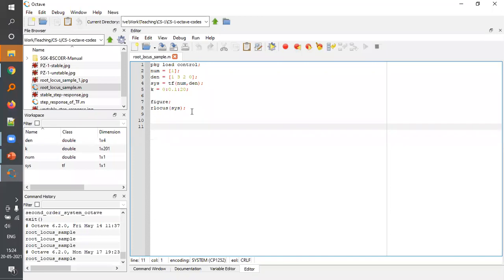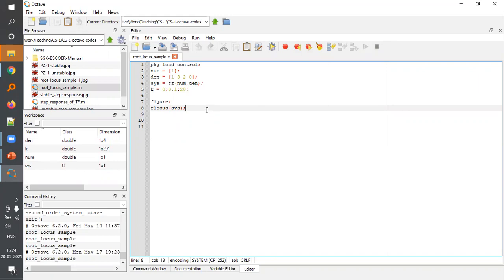So all those naming conventions apply here also. This is the file I have named root_locus_sample.m. Dot m stands for the extension, the standard extension for a MATLAB program.